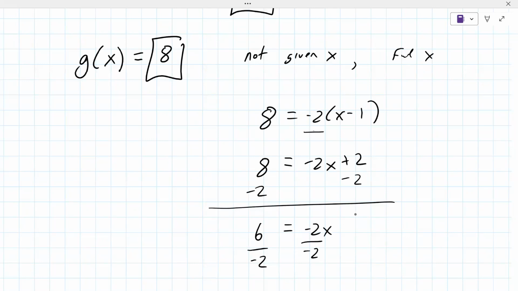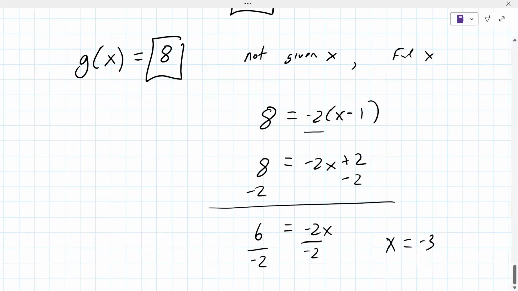Yeah, I see where I went wrong. The -3 equals x. Yep, x equals -3. Good.